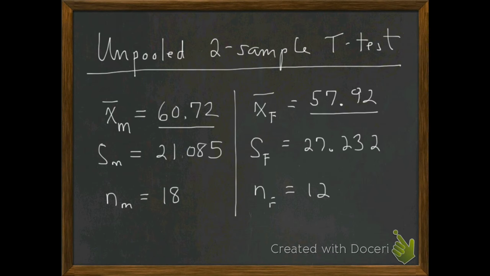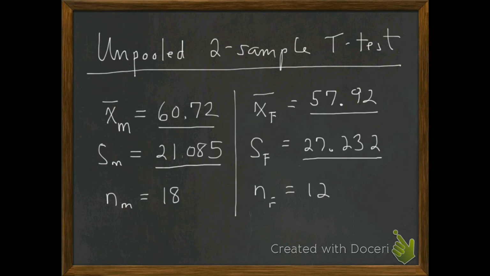The next thing that's kind of tempting is to examine the standard deviations. We're always looking to see if there's evidence that the population standard deviations are equal. Well, the sample standard deviations certainly aren't equal.